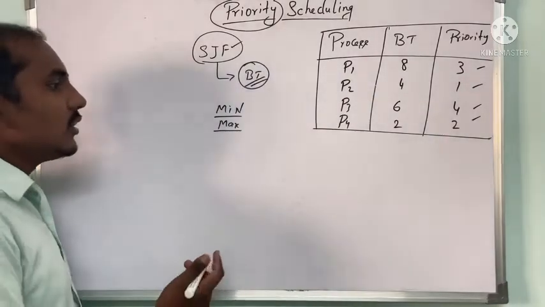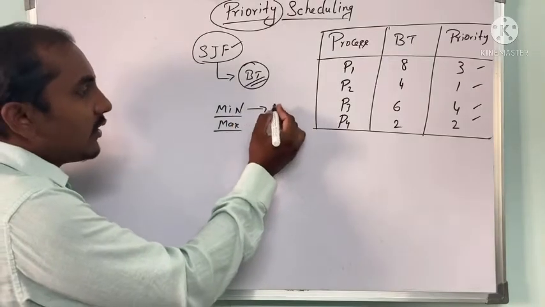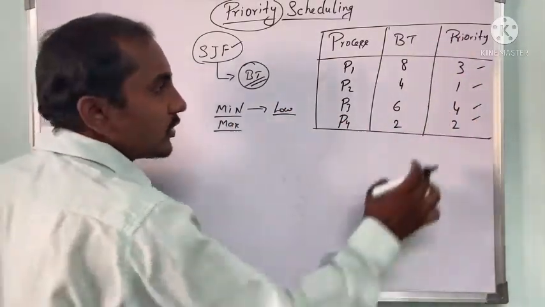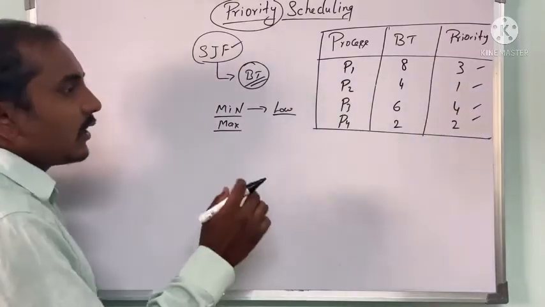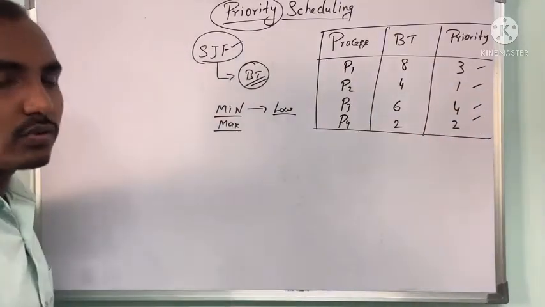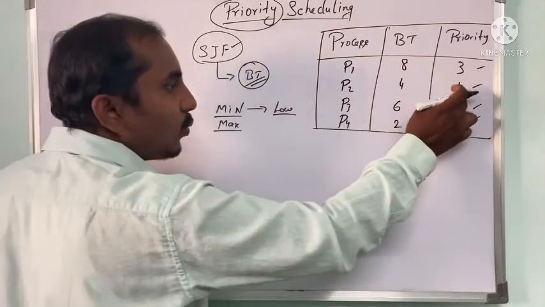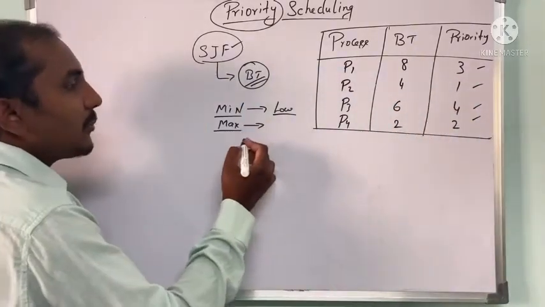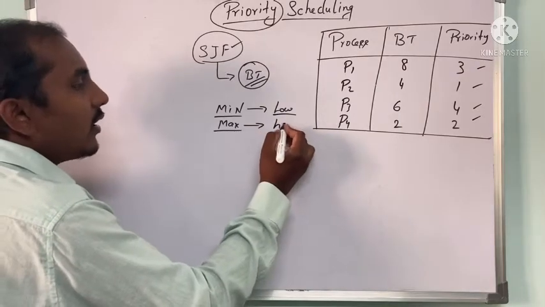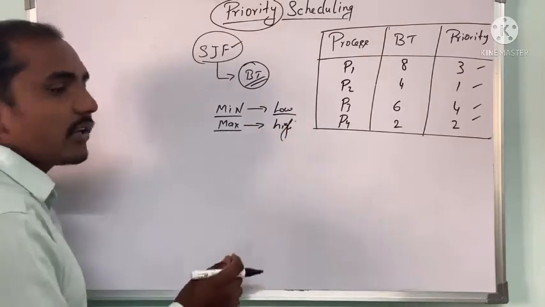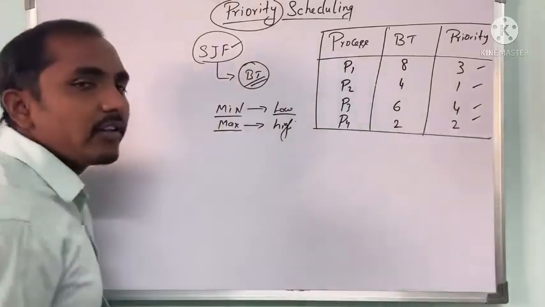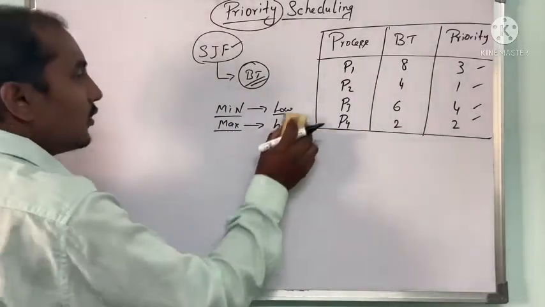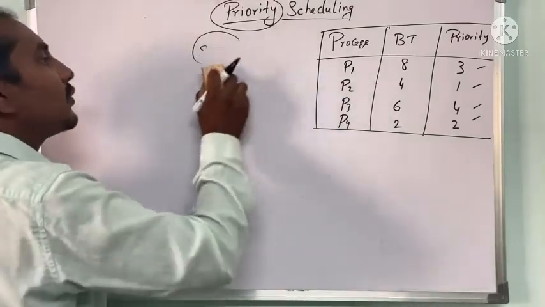Whichever process has the lowest number, like from this list the lowest number is 1, will be given the highest priority. So whenever you see the number 1, that process will be executed first. High priority or maximum priority is sometimes whichever has the highest number, say for example 4 will have the highest priority. That is the way we execute priority scheduling.